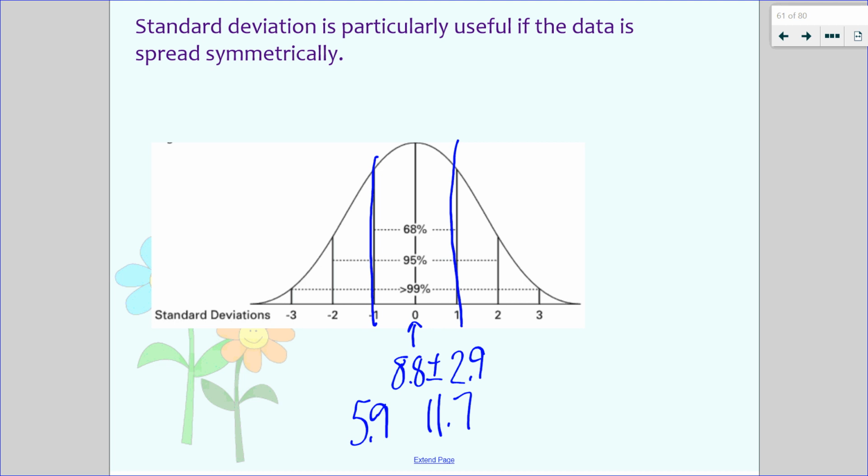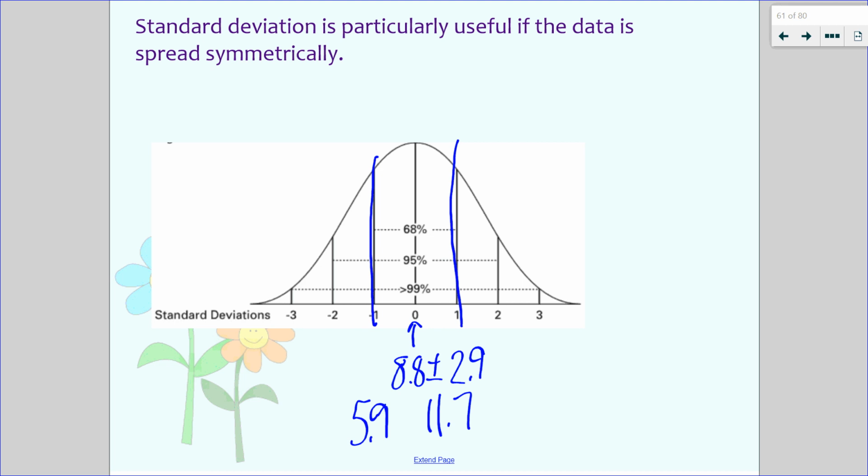So if we were to go out a little further, like continue to add the 2.9, because for us one standard deviation is about 3 shoe sizes. If I go out another 3 shoe sizes, it would include 95% of the people on here if we had very symmetric data.